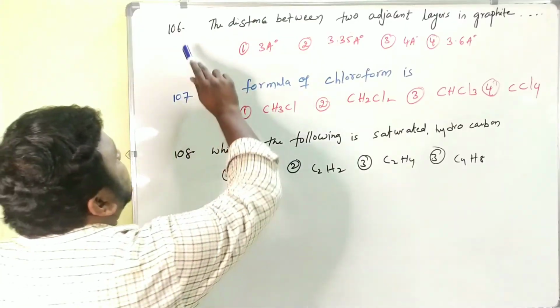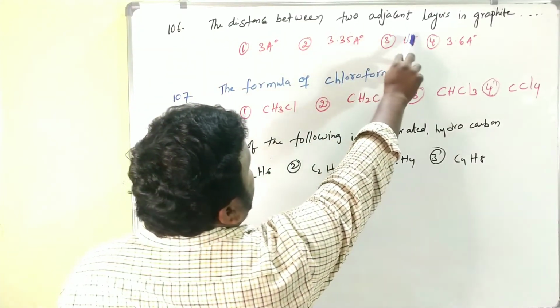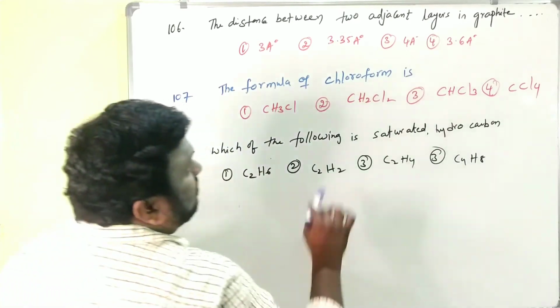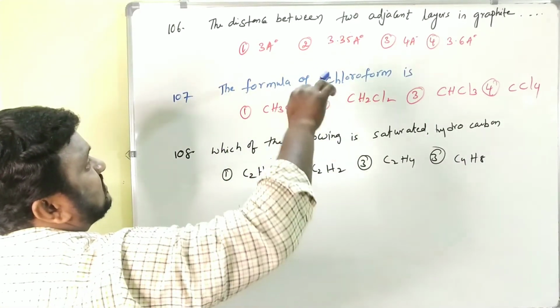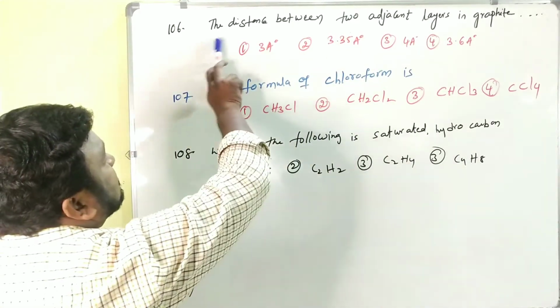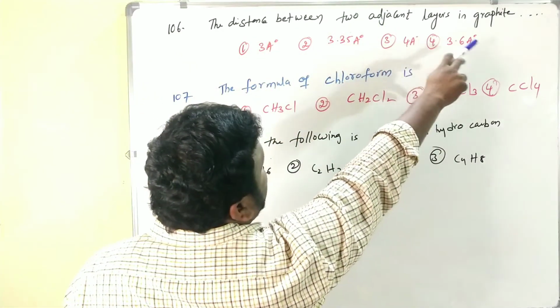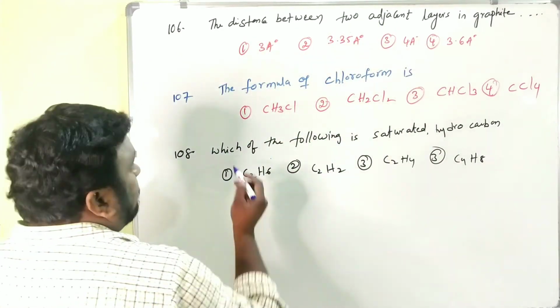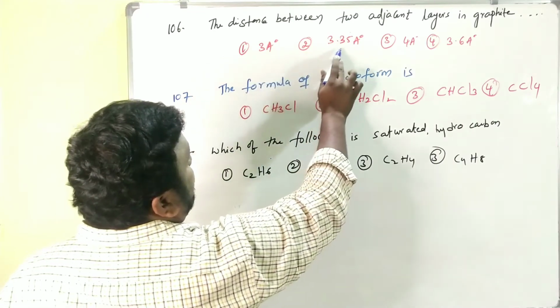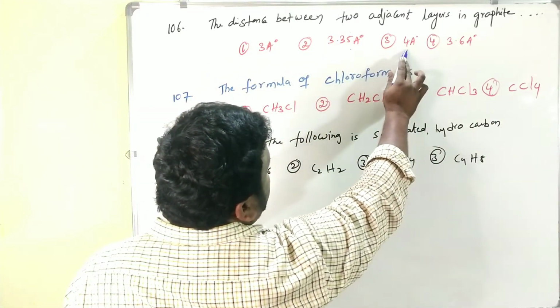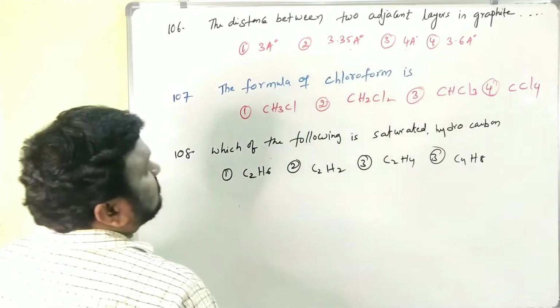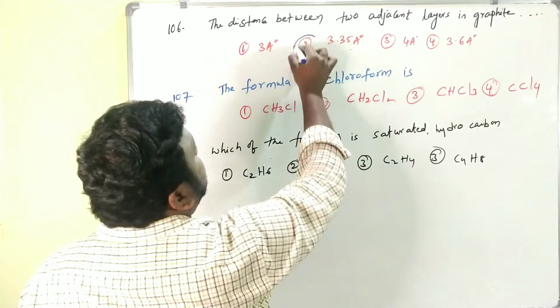Okay. The distance between the 2 adjacent layers in graphite. It is in the chapter of carbon compounds. Options are given: 3 angstroms, 3.35 angstroms, 4 angstroms, 3.6 angstroms. Among them, the second option is the correct one.